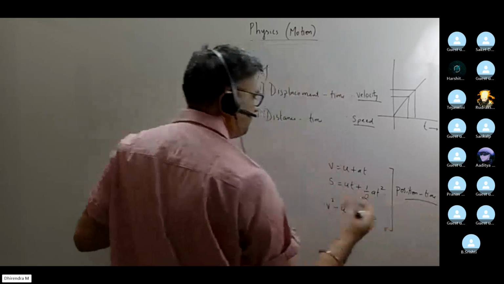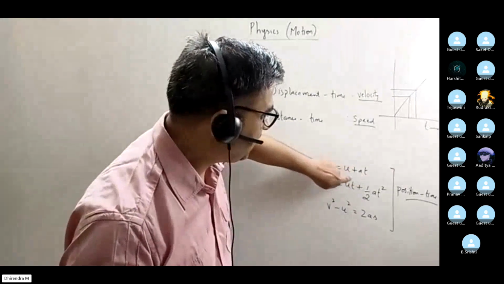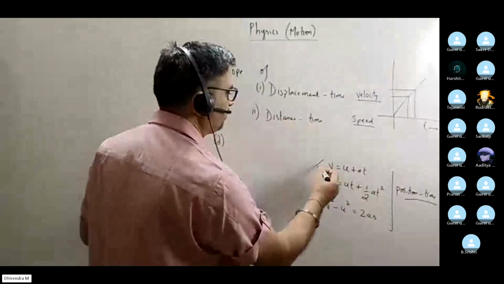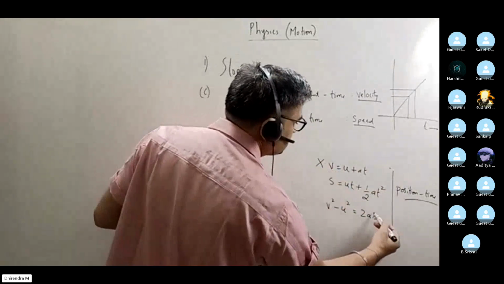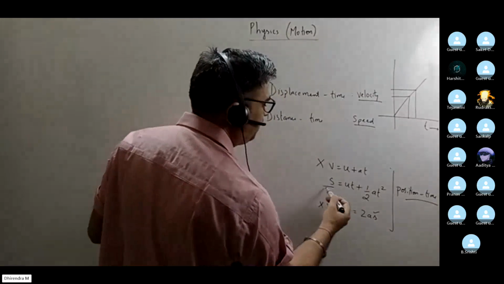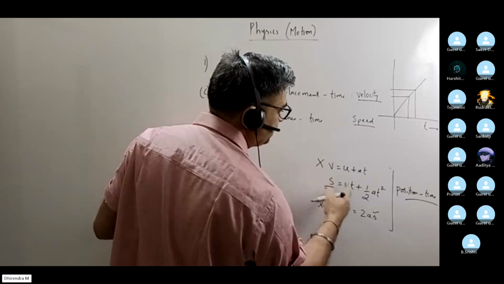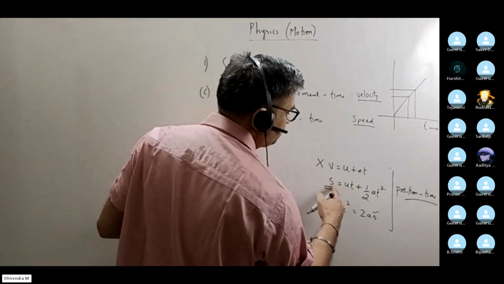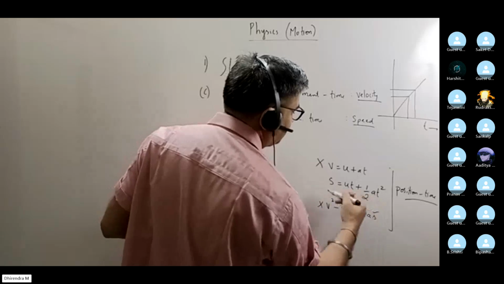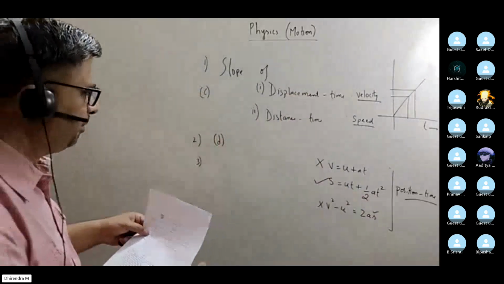Look now, it's just about elimination or selection. This one talks about time, but it doesn't talk about displacement anywhere. So this is ruled out. This talks about displacement, but there is no time in this equation. This is the only one where we have displacement, which is position, and time as well. So the only equation which has both position and time is this. So answer choice B.